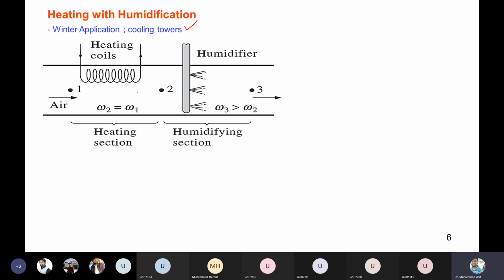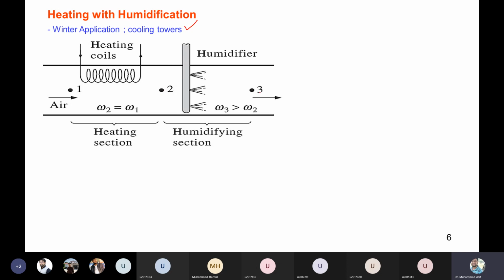That means only the dry bulb temperature of the moisture is increasing, right? And then subsequently, when the air is sprayed with the help of some humidifier, then you are adding humidity. You are increasing the humidity or the water content of the moisture. So in this figure, this is accomplished separately. From 1 to 2, you are heating, and then from 2 to 3, you are humidifying.